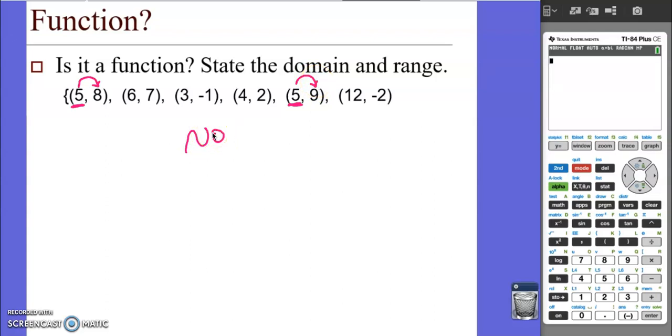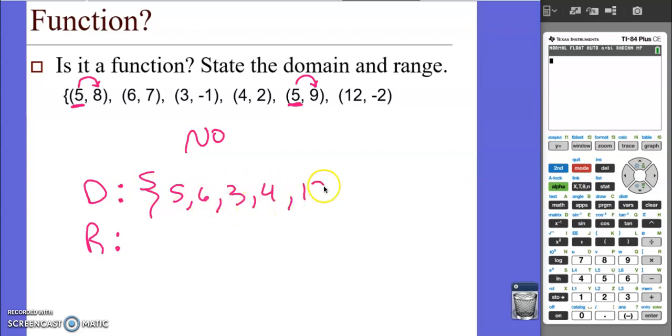And then it says state the domain. Again, you can have a domain and a range of a function, or it doesn't even have to be a function. It's just a set. It's just a relationship between the x values and the y values. So you can still have a domain and a range. The domain is the set of all the x's. So you have 5, 6, 3, 4, and 12.